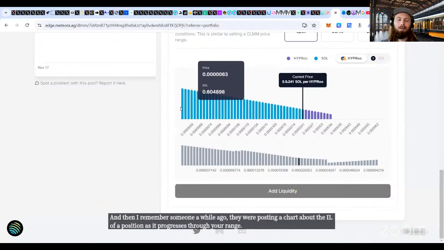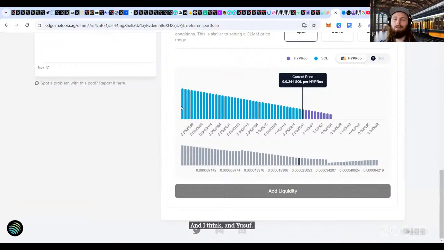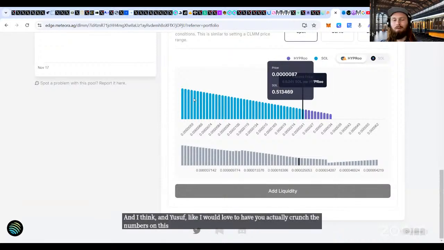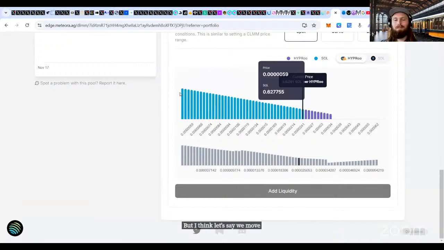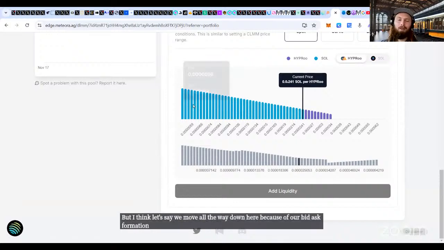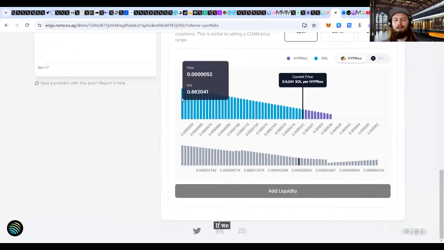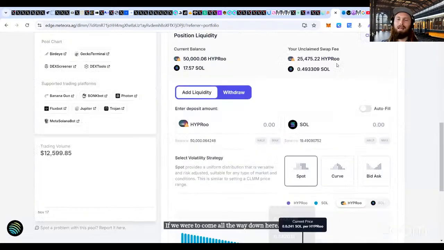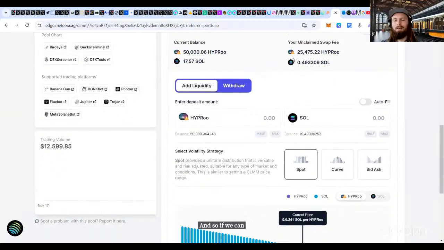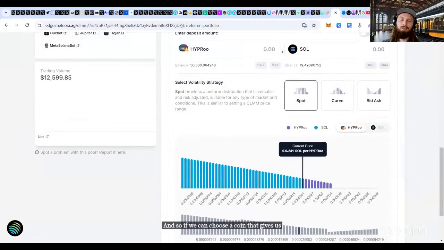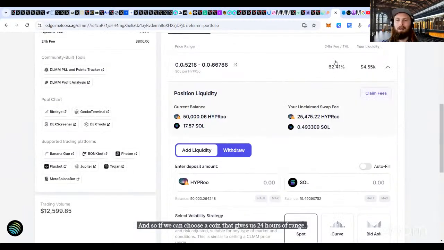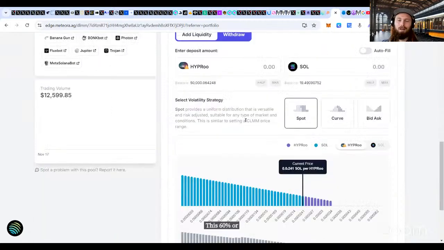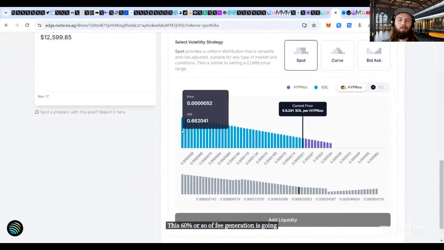Yusuf, I would love to have you crunch the numbers on this. But let's say we move all the way down here because of our bid ask formation. I think we're at like a 30 to 40% IL on our total capital if we were to come all the way down here. And if we can choose a coin that gives us 24 hours of range, then assuming everything else is the same, this 60% or so of fee generation is going to offset our 40% IL.